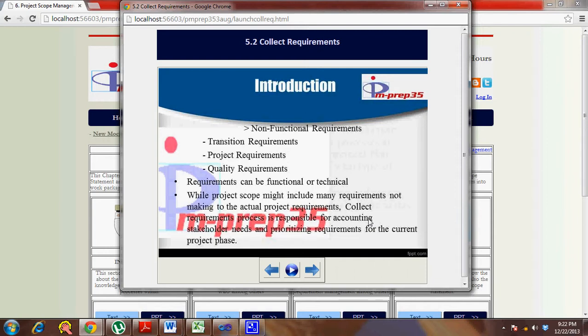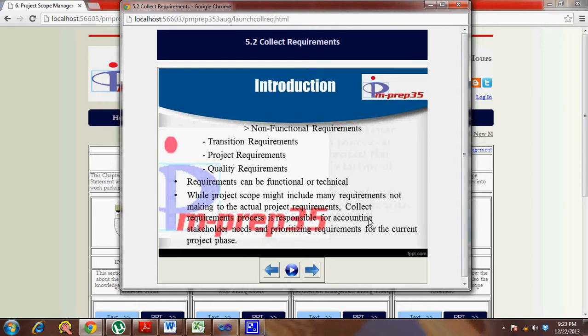The requirement management plan is what will say how requirements should be collected, while the scope management plan is one level above, which acts as guidance for you to capture the requirements. So the requirement management plan tells how requirements will be collected, what the process is, and what tools and techniques would be used. Those kinds of details come from the requirement management plan.